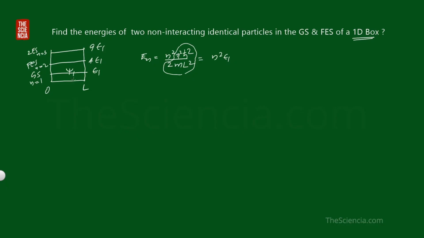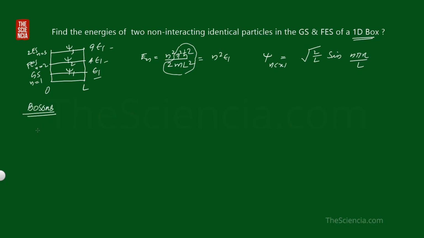So these are the states psi 1, psi 2, psi 3, that is ground state, first excited state and second excited state, and these are their corresponding energies. Okay, I think you know the wave function. The wave function will be psi n of x is equal to root 2 by L sin n pi x by L.